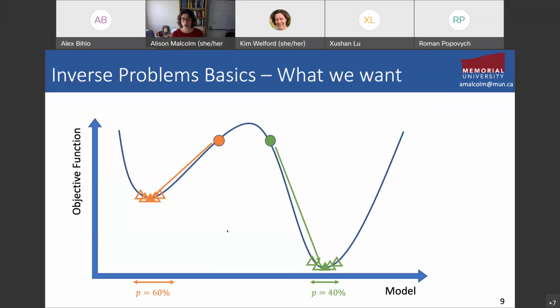So what we really want to know is the probability that our model parameters are within a certain range. And we probably want to know about all of these local minima, not just the one that happens to be closest to our starting model. This is where we get into uncertainty quantification: trying to understand not just what model might fit our data, but what range of models might fit our data.